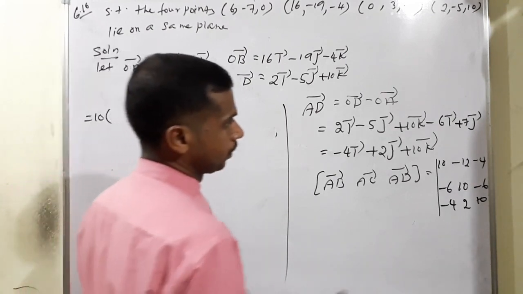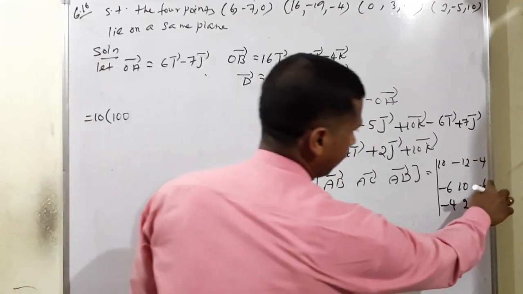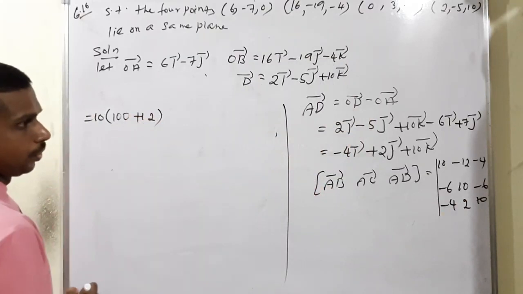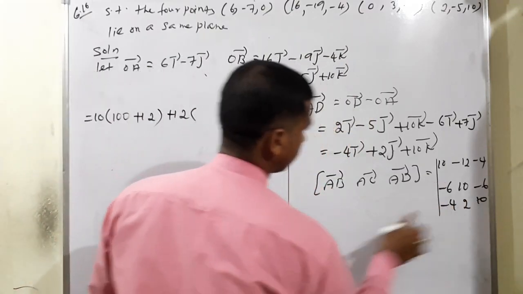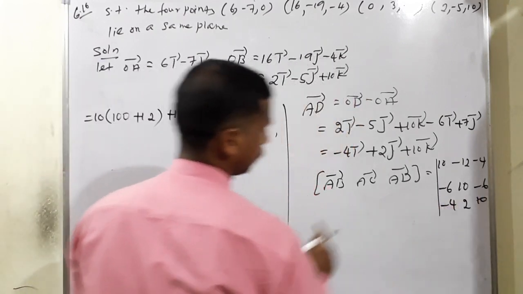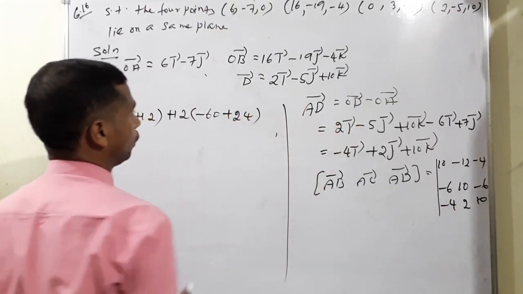10 means 10 into 10, 100 minus 6 into 2 minus 12, but common minus positive 12. Next one positive 12 into minus 6 into 10 minus 60. Again minus 6 into minus positive 24, but common minus so positive 24.